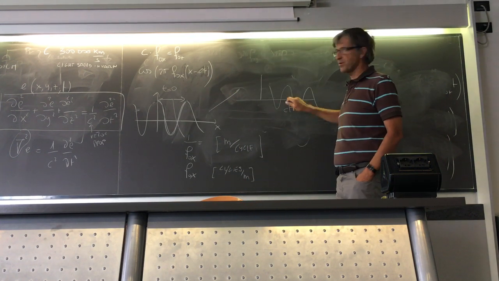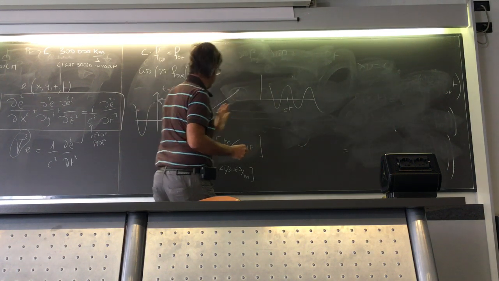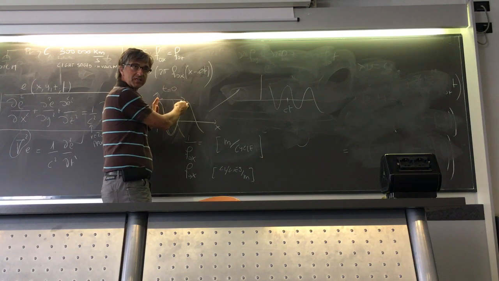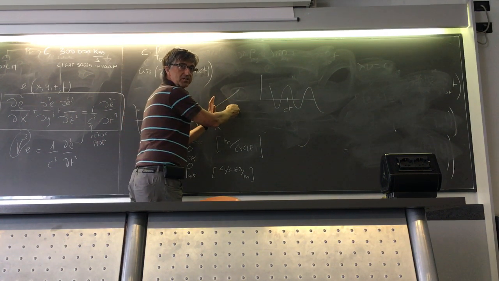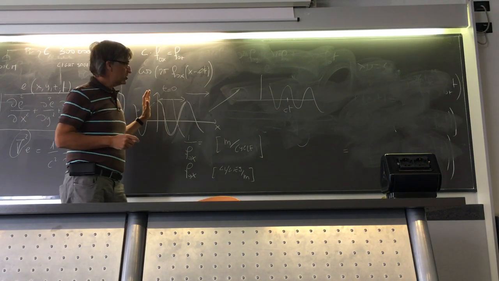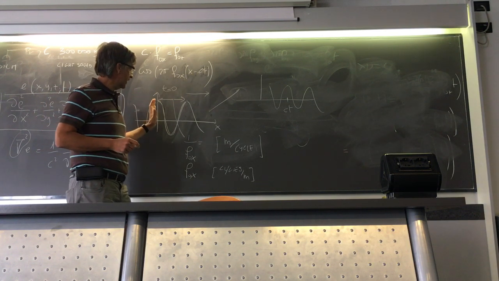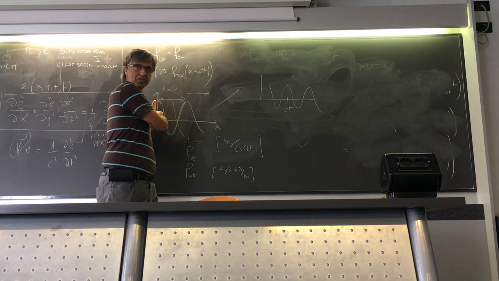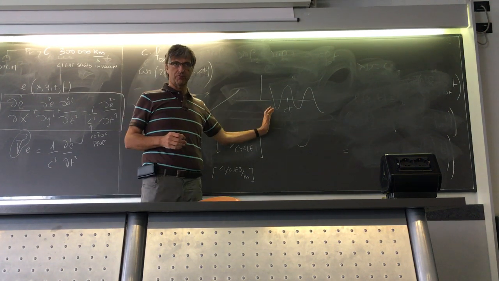So this is a time shift, and the wave moves in this direction. If you write the minus sign, the wave is moving from left to right, in the positive direction of x.